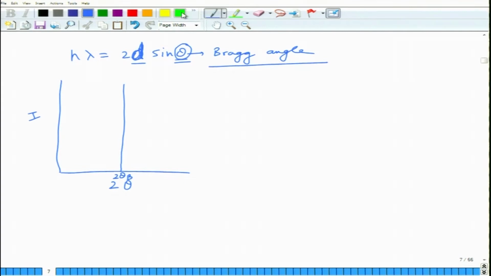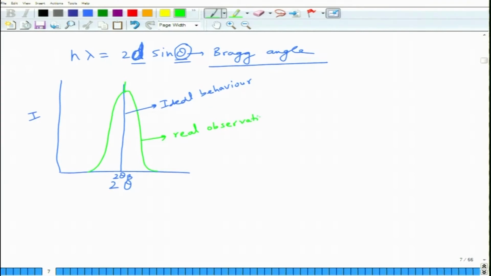However, in reality what we observe is behavior like this, which is sort of a Gaussian or Lorentzian, or a mixed function of Gaussian and Lorentzian. This is your ideal behavior, and this is your real observation.